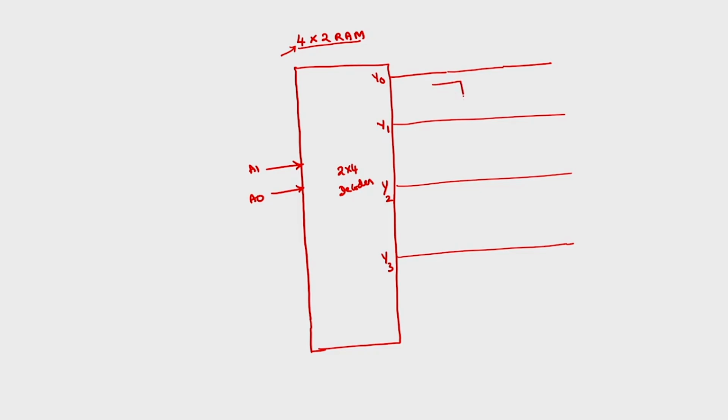Here 2 basic cells. This is one basic cell. We have 4 signals. Here 2 basic cells. Here 2. And here 2.